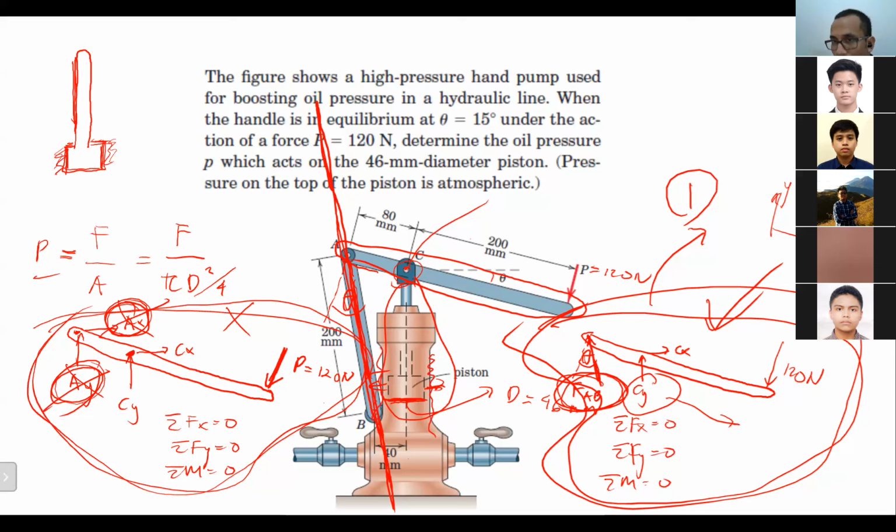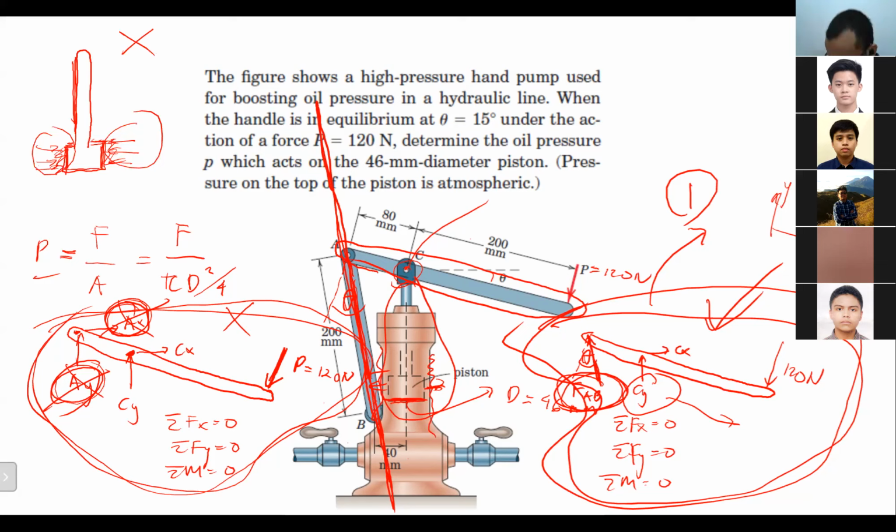Correct or not? Yes, sir. So I don't know what forces will be happening here, and most likely it will be there. So like it or not, I cannot assume this as a two force member. Do you get that?